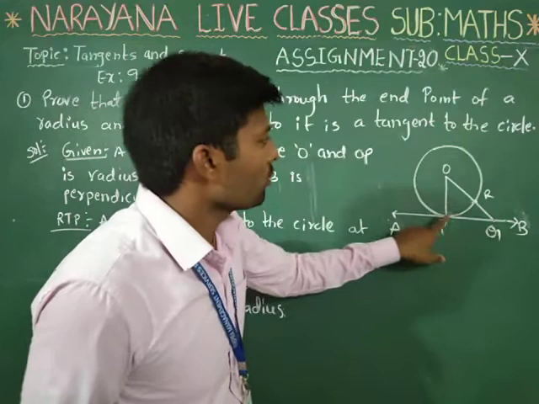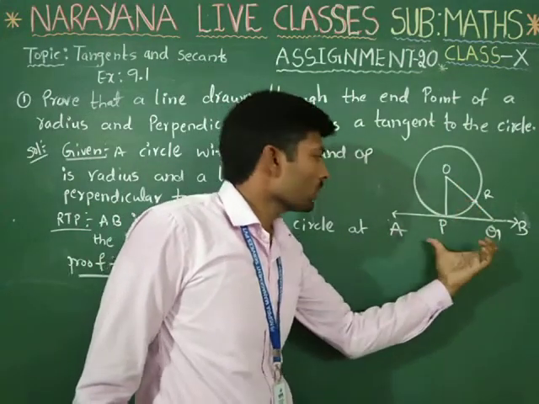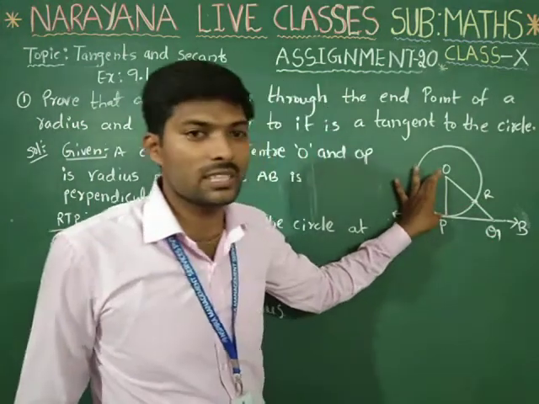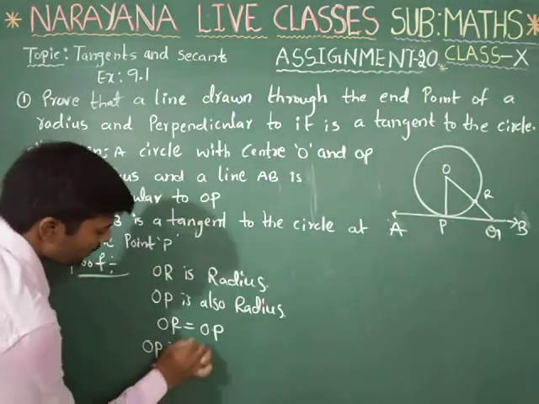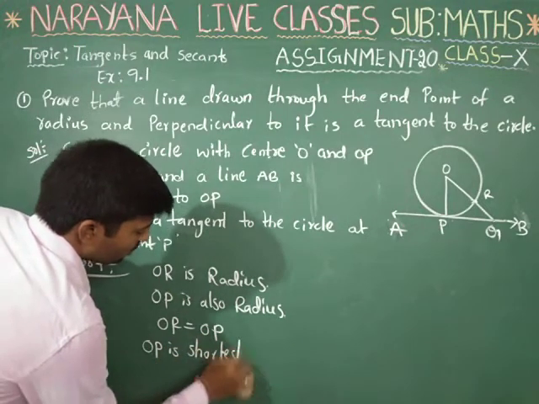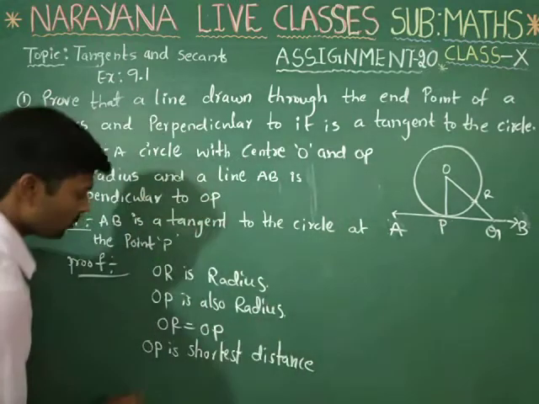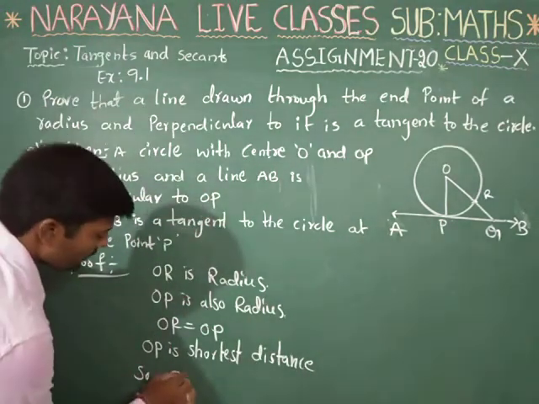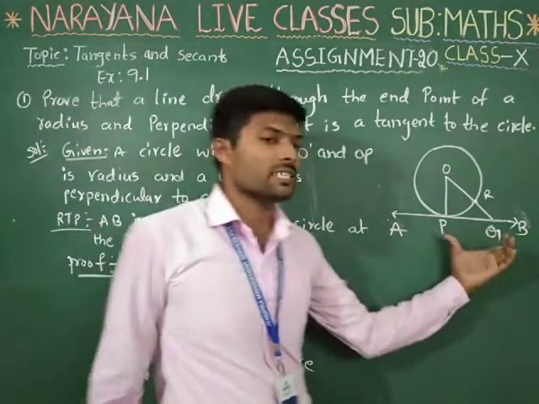And one more thing, OP is perpendicular to AB, because OP is the shortest distance. So I can say that OP is perpendicular to line AB, that is the tangent AB.